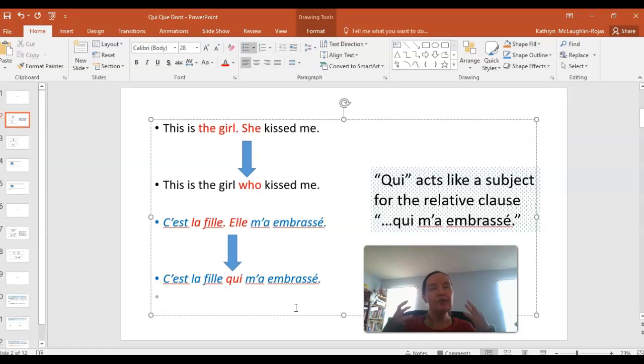So if you're using qui to join two sentences, just remember that the word that comes after it needs to be a verb. In English, the verb comes directly after it. In French, there could be an object that comes after, like me, but you're going to be looking for a verb. Qui a embrassé quelqu'un?